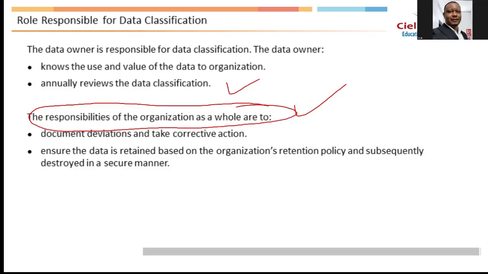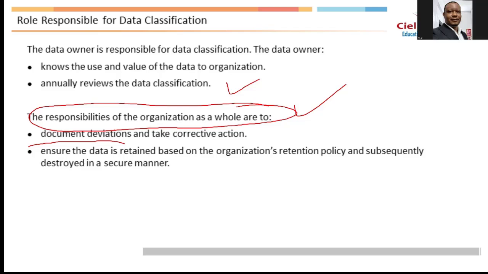So in a nutshell, if there is any deviation from the established data classification protocol, the organization is bound to take corrective action where necessary. Let's say, for example, sensitive data is mistakenly marked as public or is not protected. As an organization, we must act to correct the mistake and ensure that proper security is reinstated for such data.